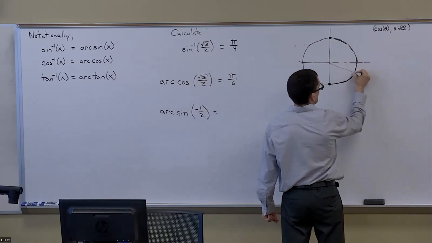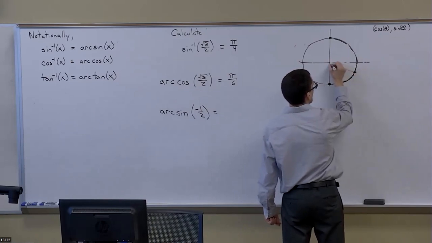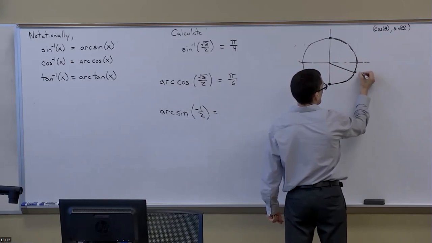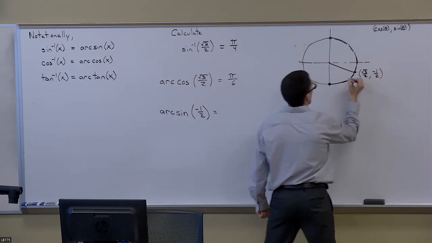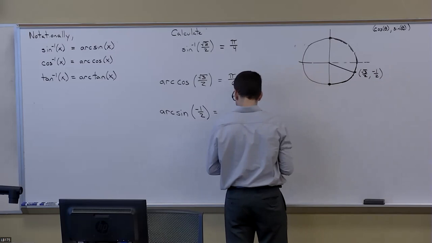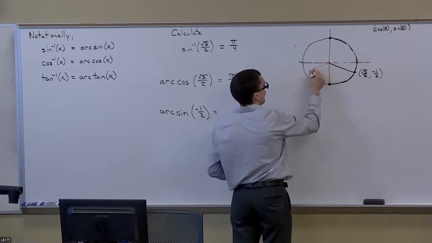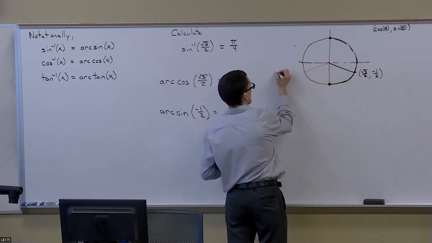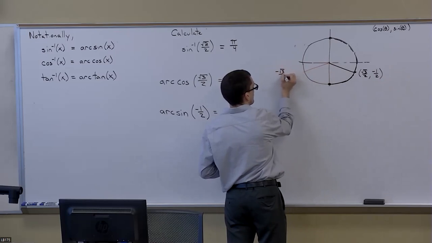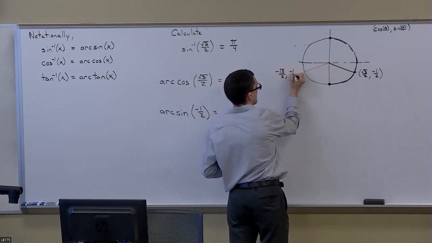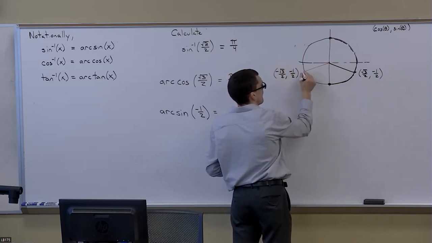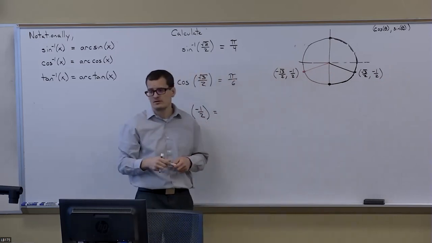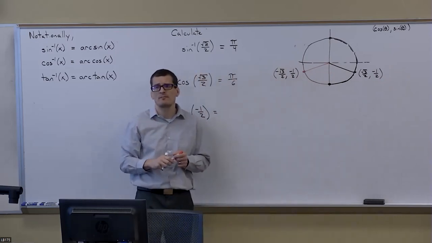One of those places is here, where I get √3/2, comma, -1/2. And the other place, I'll draw in red, over here, where I get -√3/2, comma, -1/2. Okay with that?